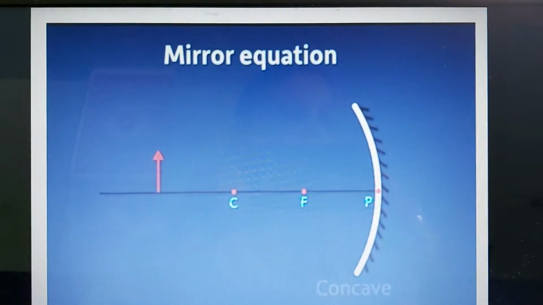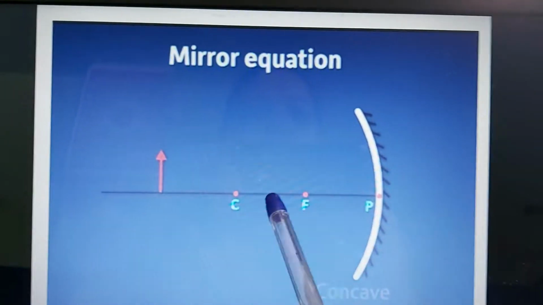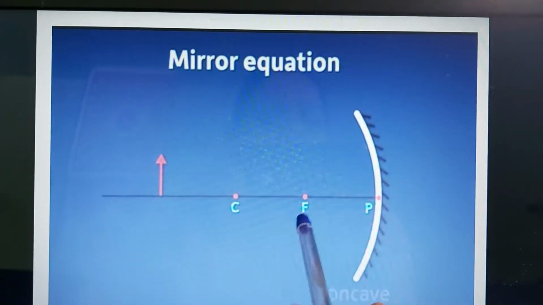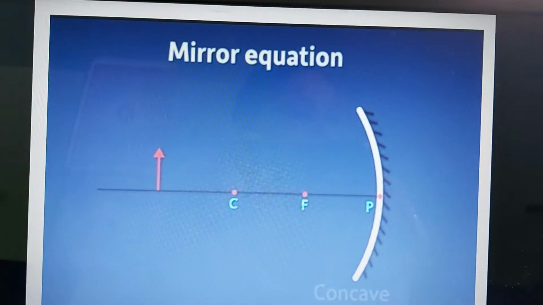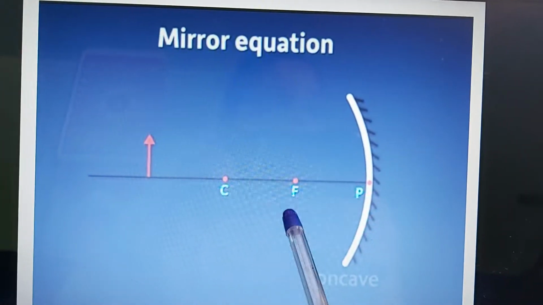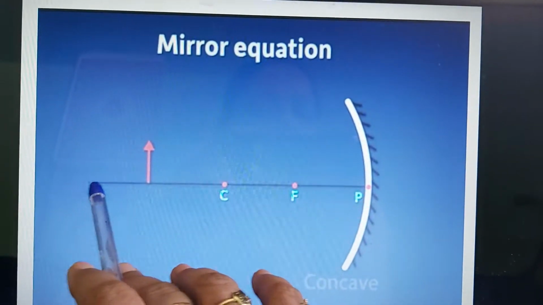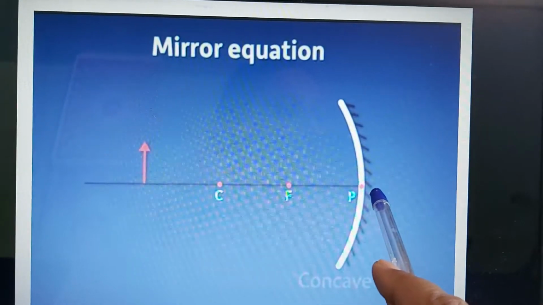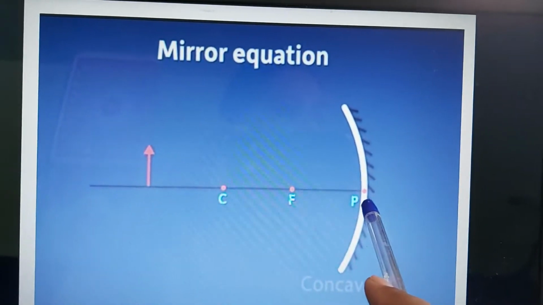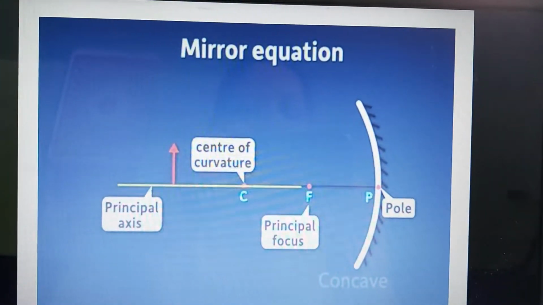The midpoint of C and P is the principal focus F. And finally, the line which joins all of them is the principal axis.